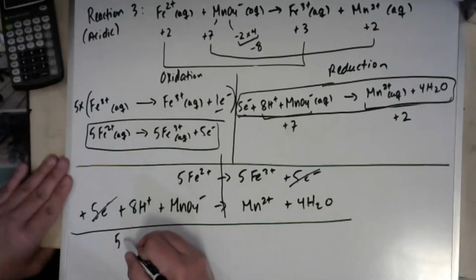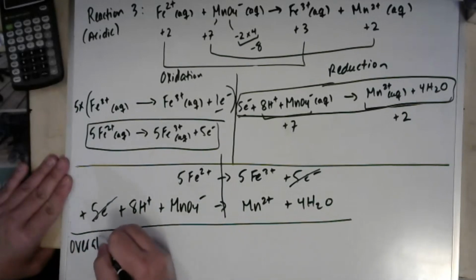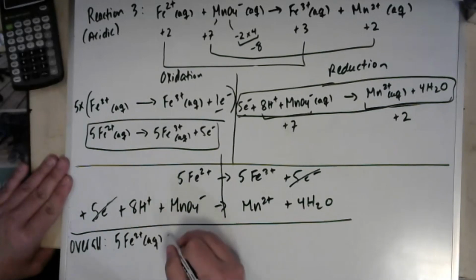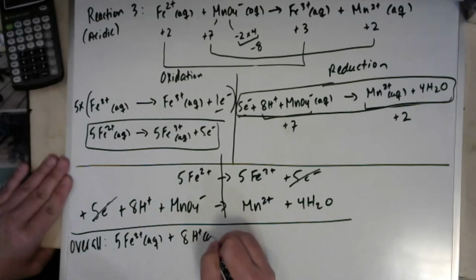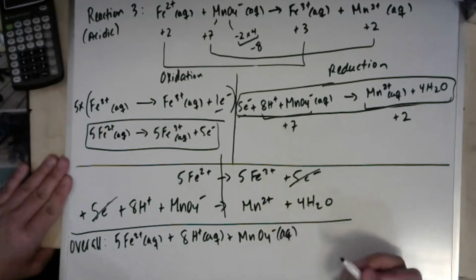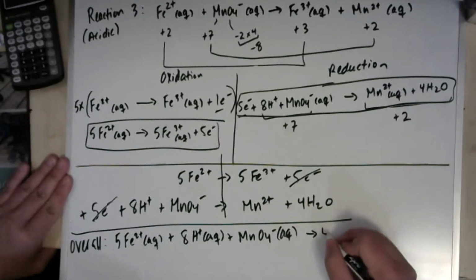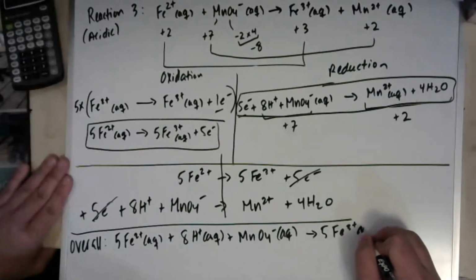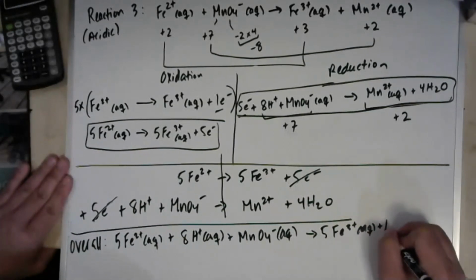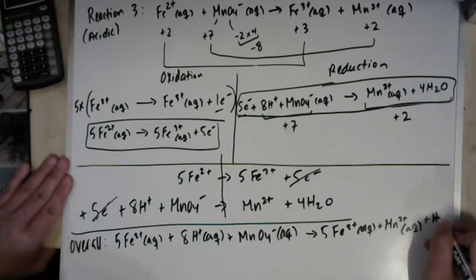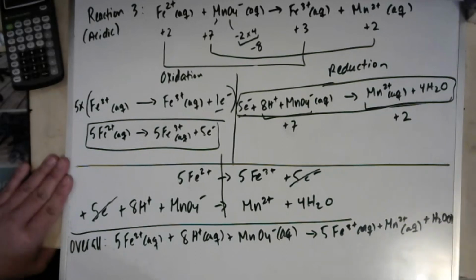So I have an overall reaction of 5 Fe2+ aqueous plus 8 H+ aqueous plus MnO4- aqueous yields 5 Fe3+ aqueous plus Mn2+ aqueous plus H2O liquid.